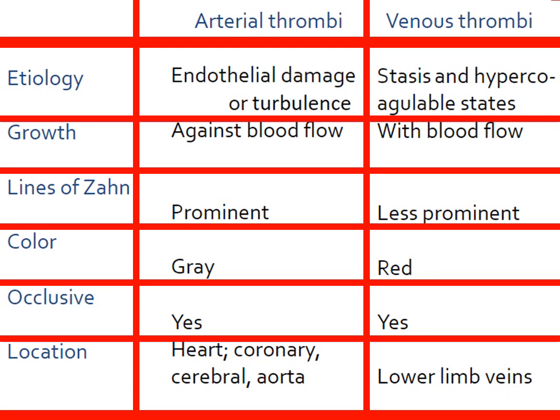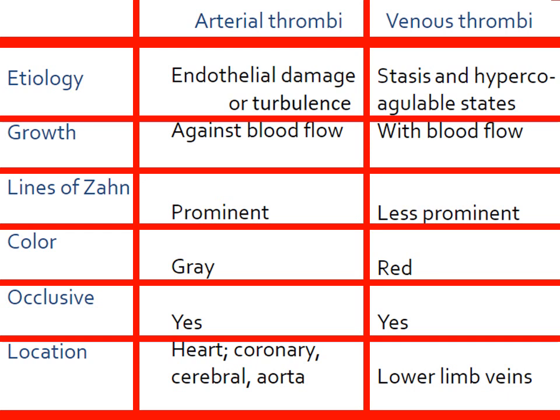This is a tabulated form showing the differences between the arterial and the venous thrombi. So you can make a table and write these 5 or 6 differences, which include the etiology, the pattern of growth, lines of Zahn, color, occlusiveness, and the location.